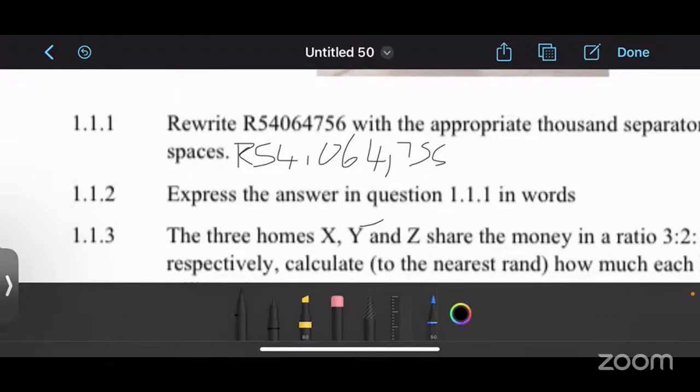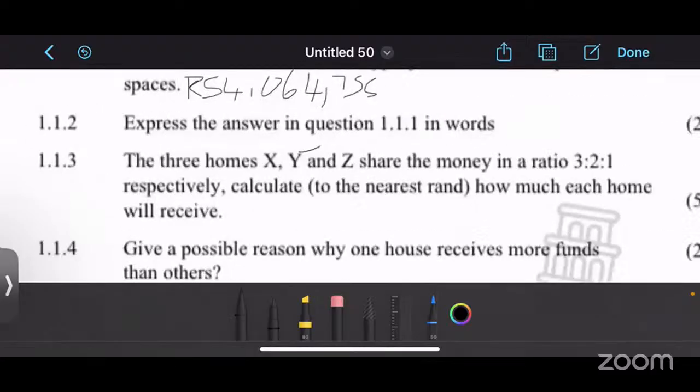It's 54,064,756. So it's 54 million and 64,756 rands, right? Do you get that? Yes, ma'am.